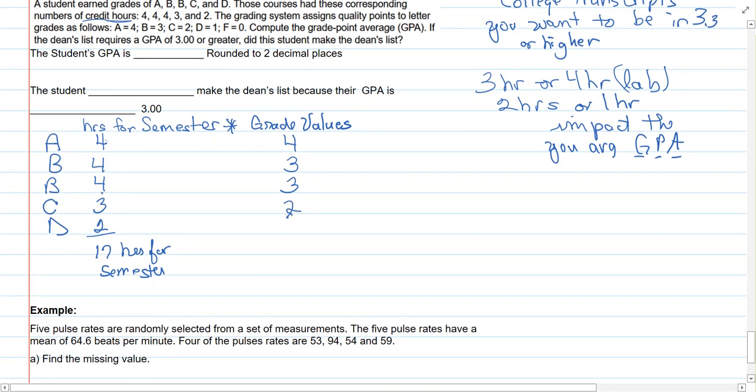And a D is 1, and an F is 0. So we're going to multiply the values times each of the hours for that course. So this would give me 16, 12, 12, 6, and 2.